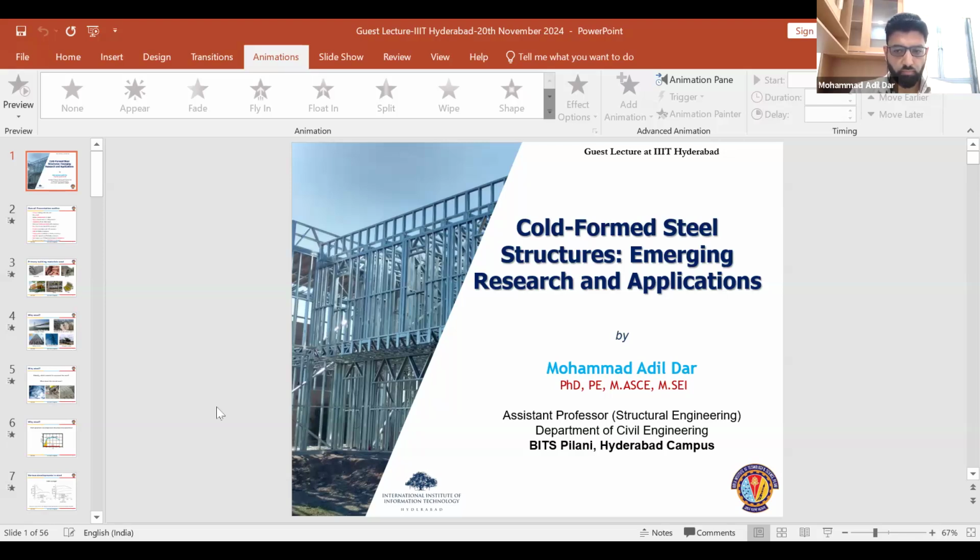He actively contributes to ASCE and SSRC committees shaping guidelines in cold formed steel design, stability, and thin wall structures. Dr. Dar's contributions have earned him prestigious awards, including the Marie Curie Fellowship from the European Commission and the Ramanujan Fellowship from SERB India, establishing him as a leading researcher and innovator in this field. This is a brief introduction about the speaker.